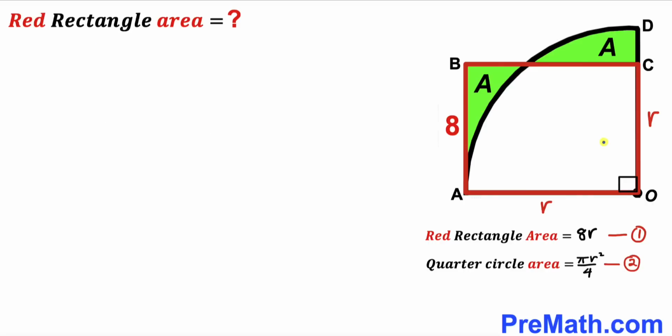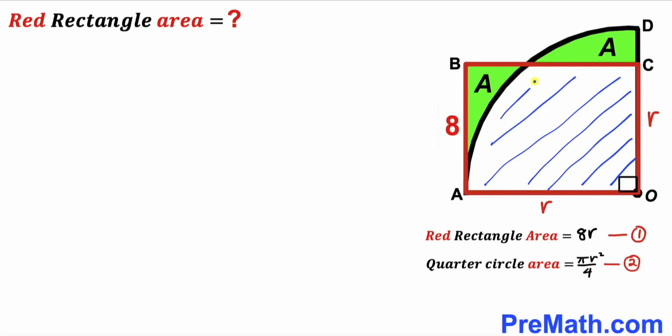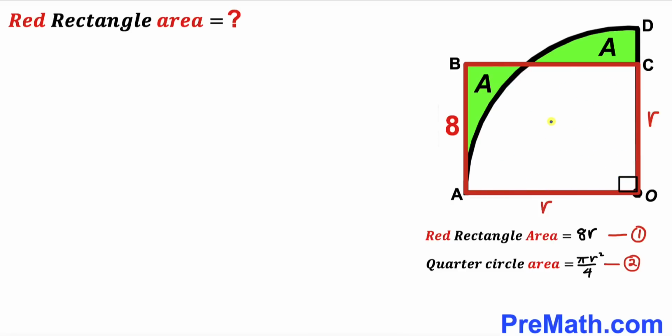And here's our next step. Let's focus on this white shaded region. Let's assume the area of this white shaded region is represented by x square units.